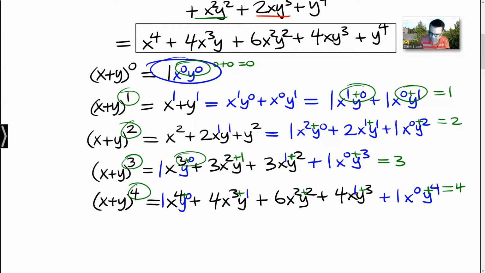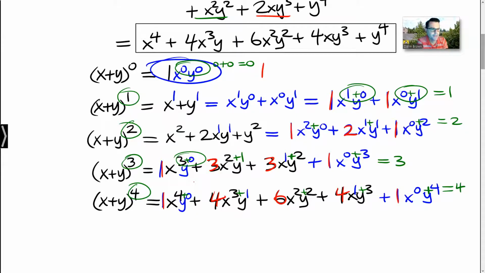Well, now let's look at the coefficients. That's really the thing that's left over to think about. What are the coefficients? Here it's 1. Here the coefficients are 1 and 1. Here they're 1, 2, 1. Here they're 1, 3, 3, 1. 1, 4, 6, 4, 1.